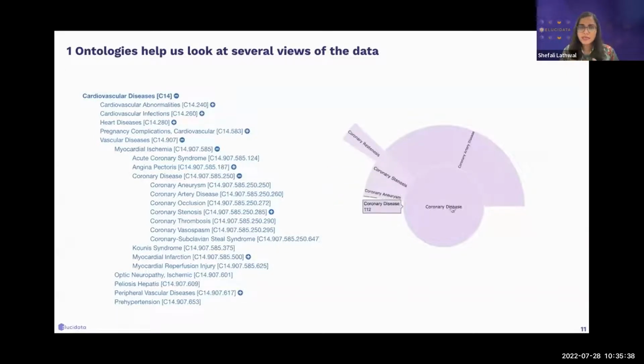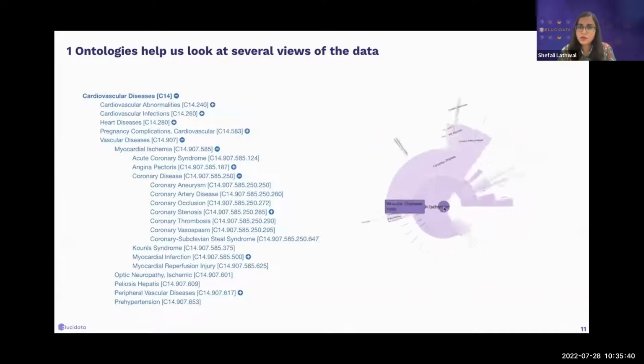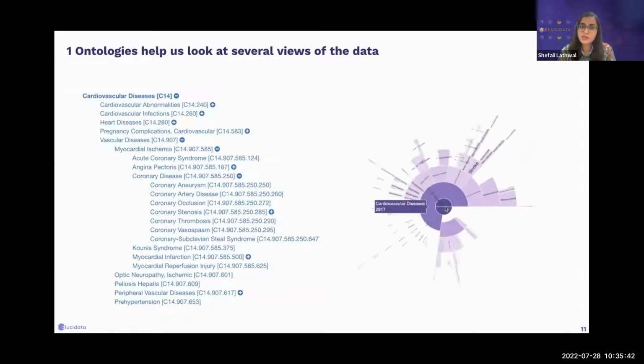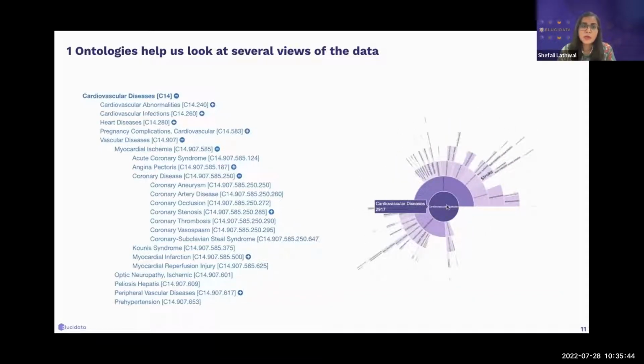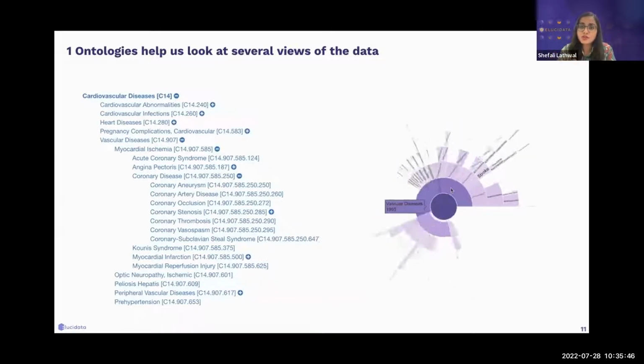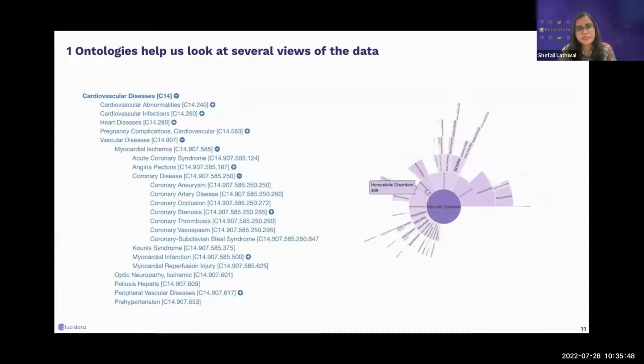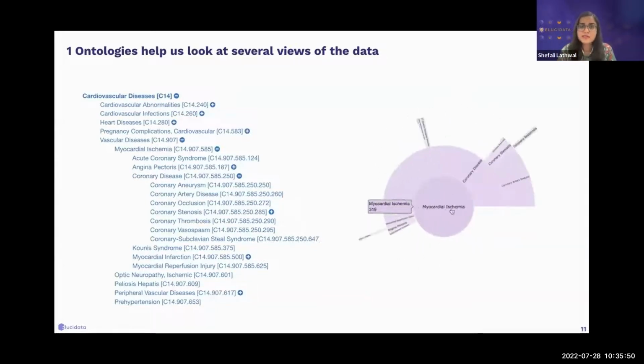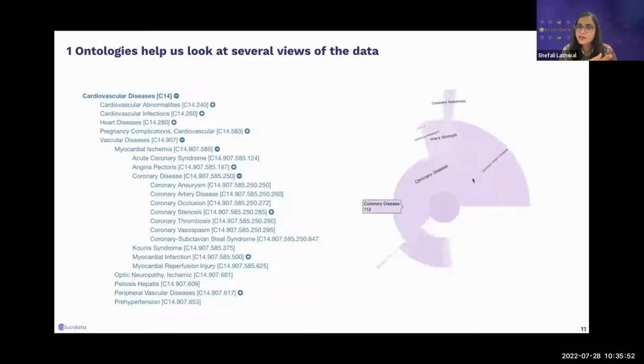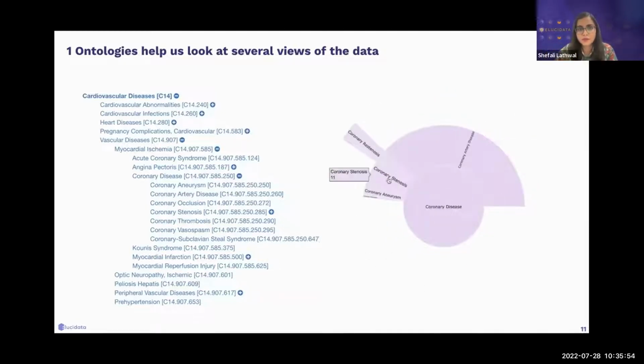The first use case is that because ontologies have these predefined relationships built within them, they enable us to look at data at several different scales. What that means is we can look at broad categories as well as very specific terms.